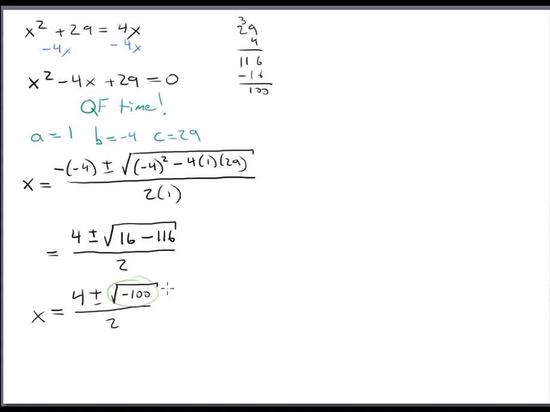This right here, this is the square root of 100 times i. This is 10i. So x is going to be 4 divided by 2 plus or minus 10 divided by 2 i. x is going to be equal to 2 plus or minus 5i.